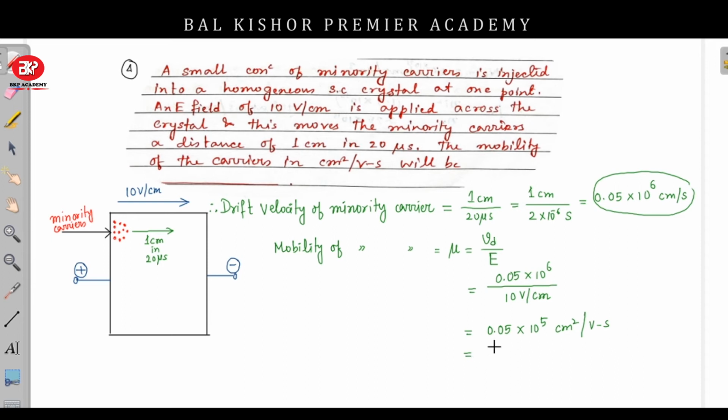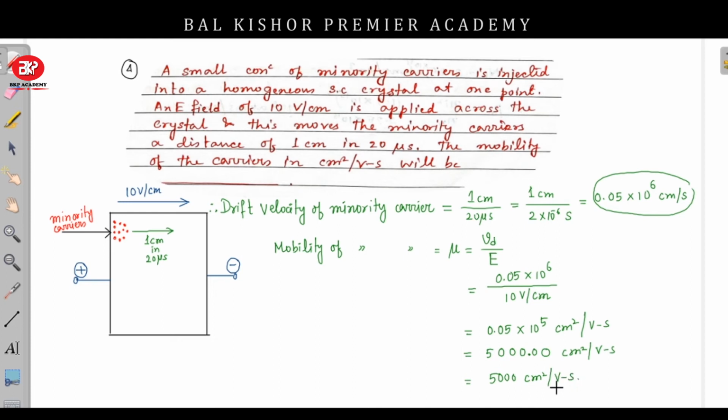So ultimately it will be 5000 centimeter square per volt second.